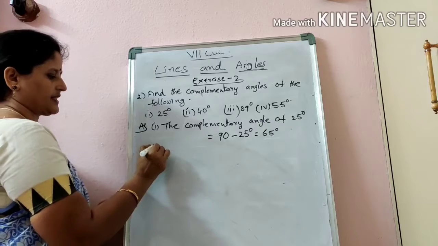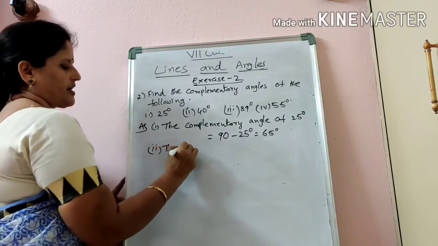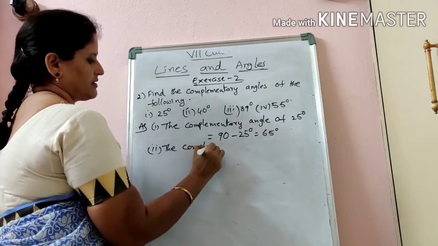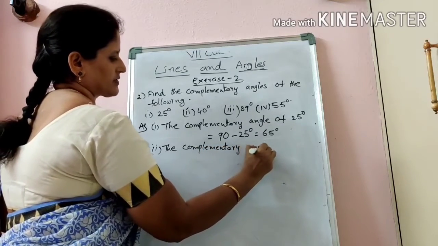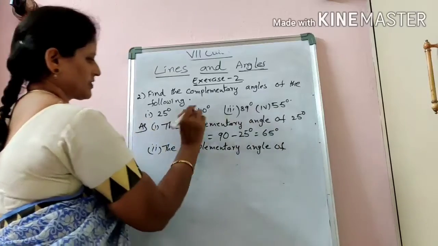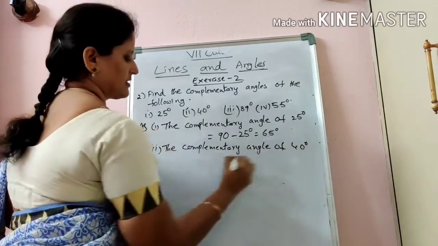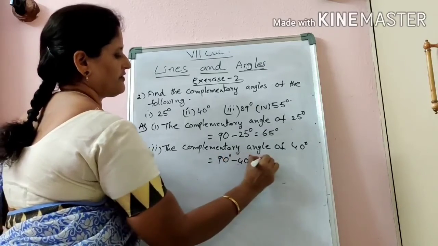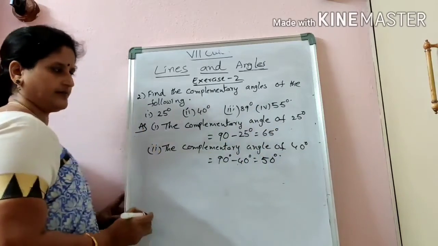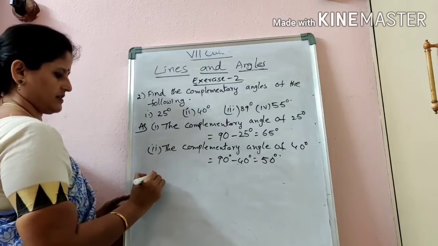Second one. The complementary of 40 degrees is equal to 90 minus 40, 50 degrees. Third question.